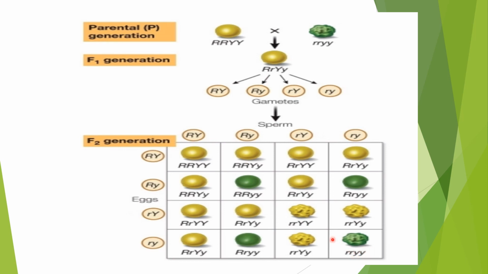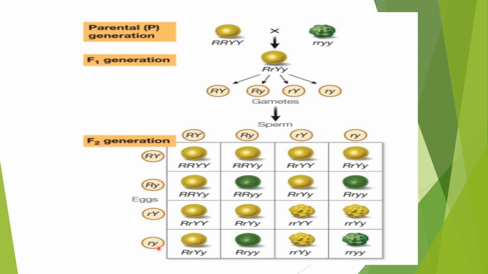So, what is the phenotypic ratio of the F2 generation, or the second filial generation? It is 9:3:3:1.